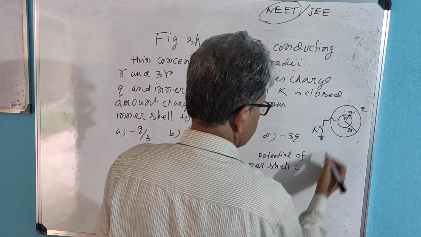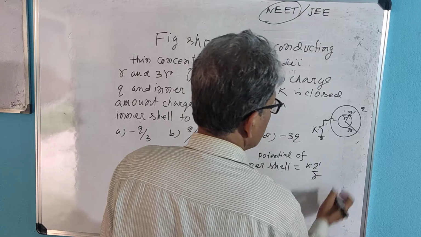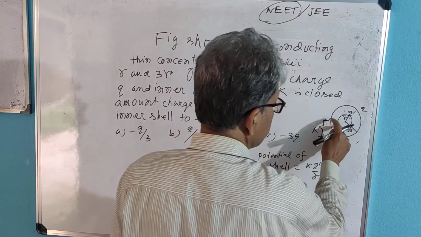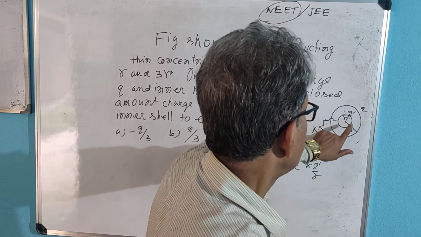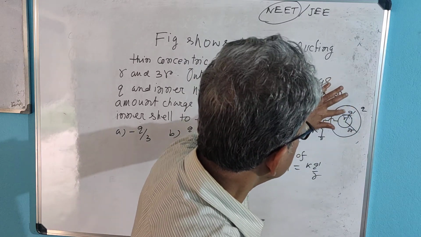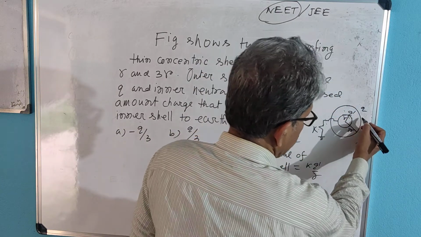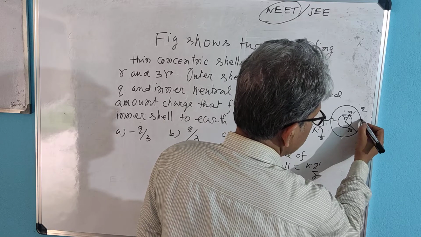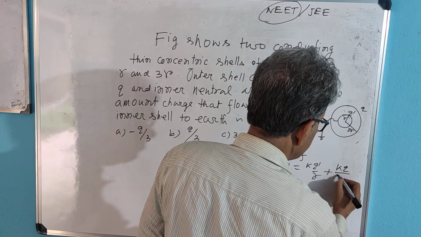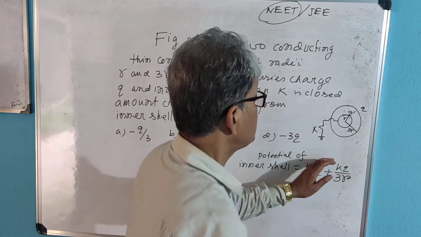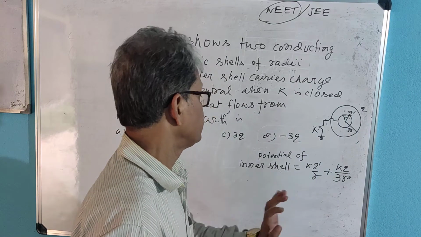For Q dash, the surface potential will be K Q dash by R. For Q, the potential is the same everywhere. If you consider there is no inner shell, the intensity is 0 everywhere, so the potential equals the surface potential, KQ divided by 3R. This is the potential of the inner shell from the outer charge.